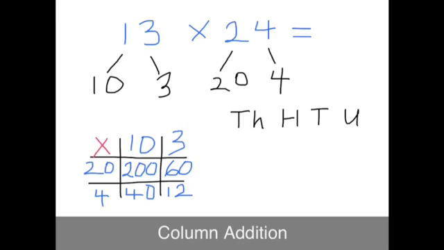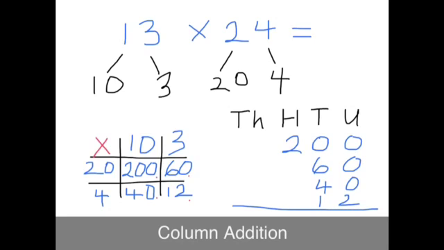Carefully place your answers into the column, remembering to put a dot next to the number so that you don't use that number again. So 13 multiplied by 24 equals 312.